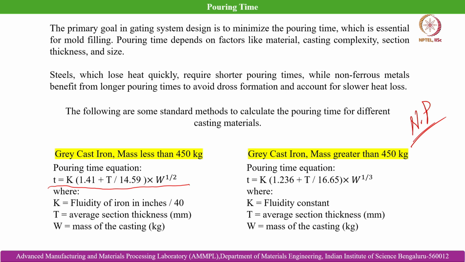Similarly, for the same material, grey cast iron, when the mass of the casting is greater than 450 kg, the empirical formula to estimate the pouring time changes and takes the following form.